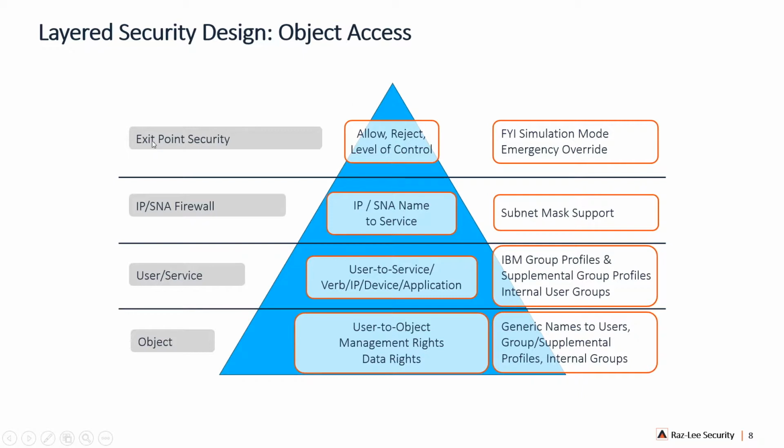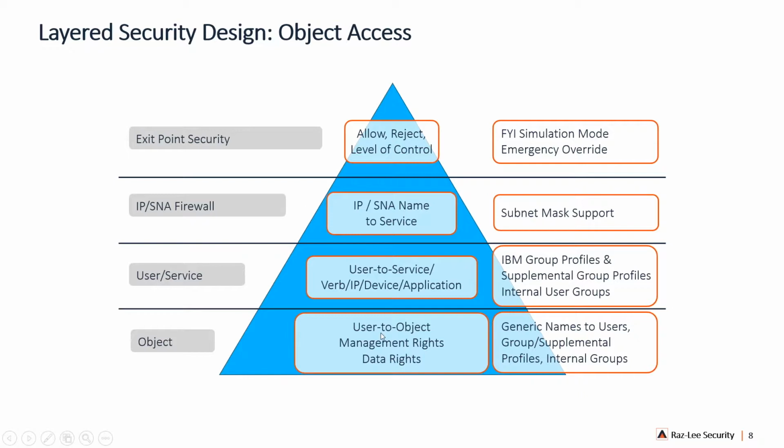Now, the very first thing is that we protect all the exit points, and we can tell each exit point by itself whether it should allow every access through it or reject every access, or the level of control. And the level of control means actually how deep are we going to go in this diagram.